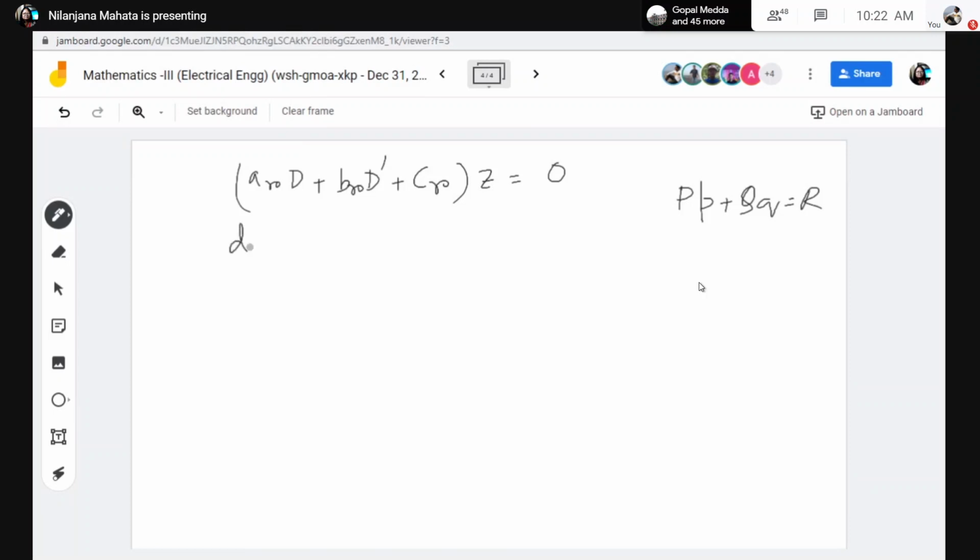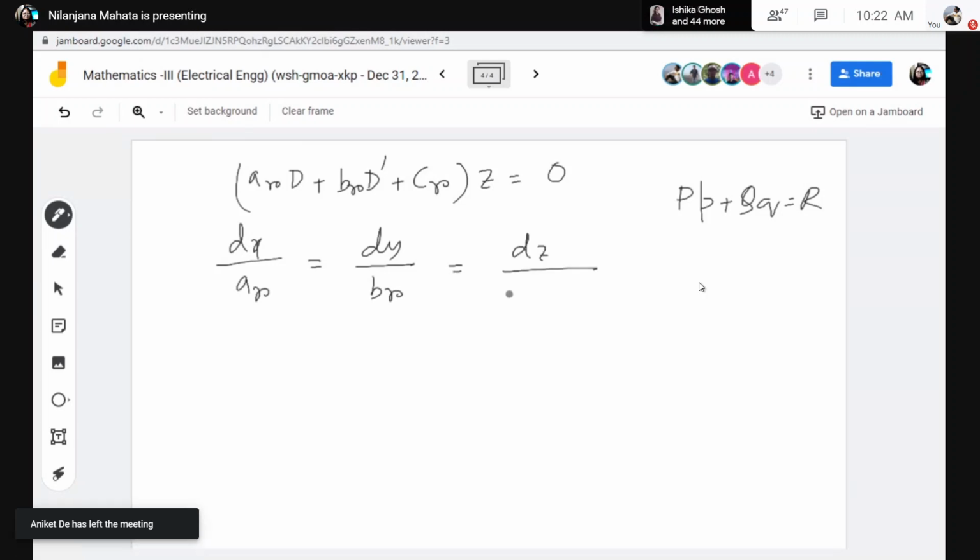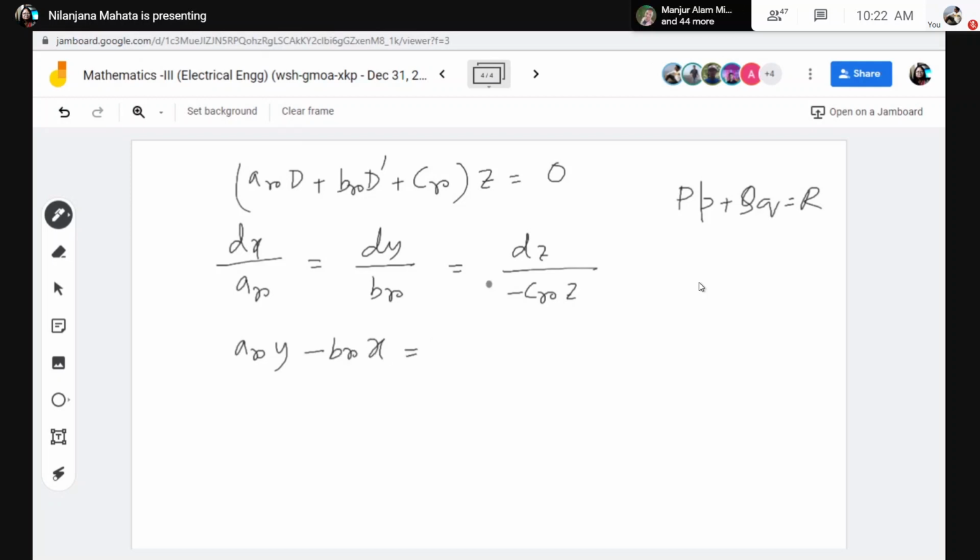So our Lagrange auxiliary equation will be dx by a_r is equal to dy by b_r is equal to dz by minus c_r z. First we will solve between these two, and from these two relations, integrating, I will get a_r y minus b_r x equal to an arbitrary constant.